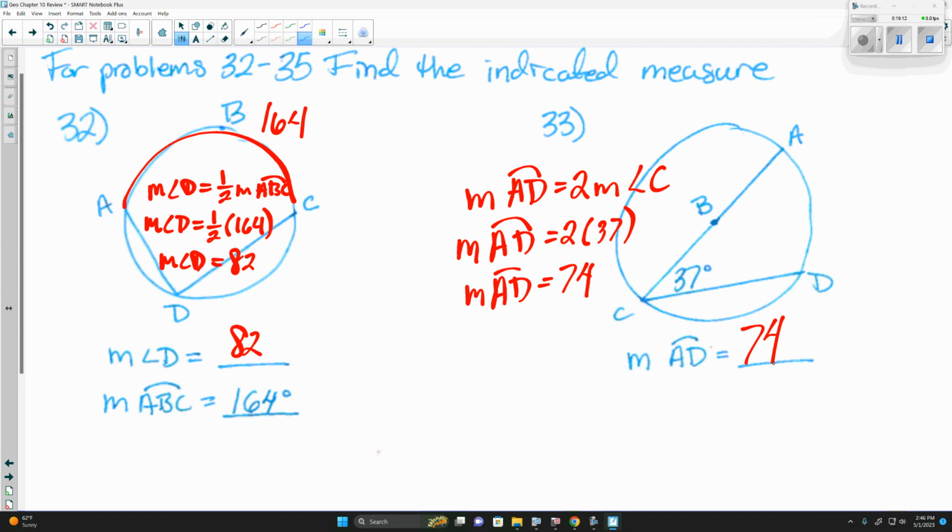To go from the arc to the inscribed angle, we divide by 2. The arc measure will always be bigger than the inscribed angle. And central angles are the same as their arcs. Yes, so really all of these should have degrees.